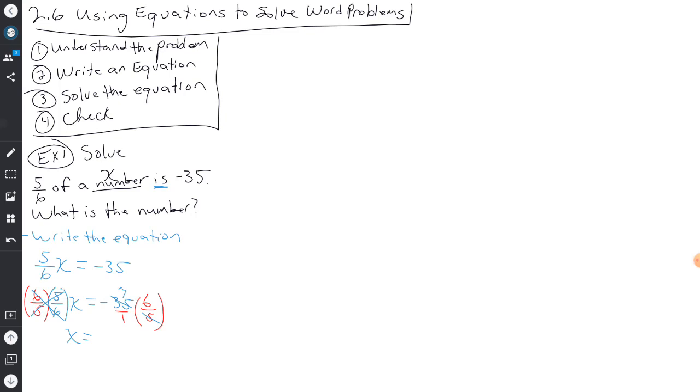All right, so we're left with 7 times 6, which is going to be equal to, actually we should put that negative back in there too. So negative 42.